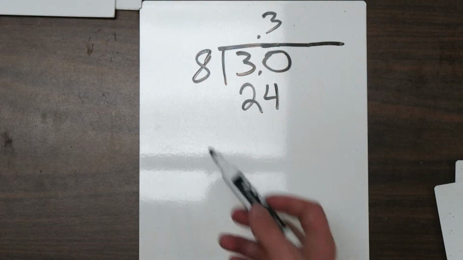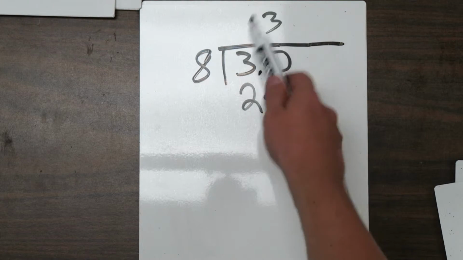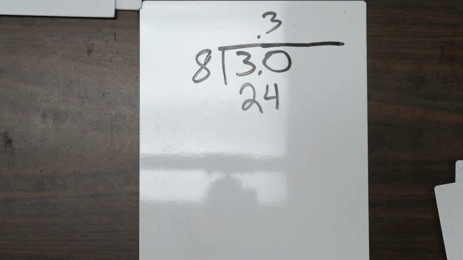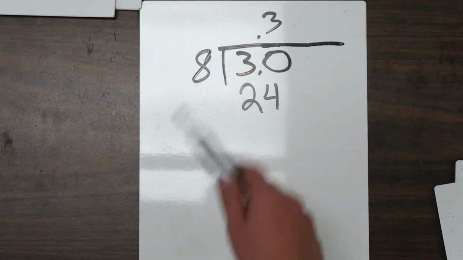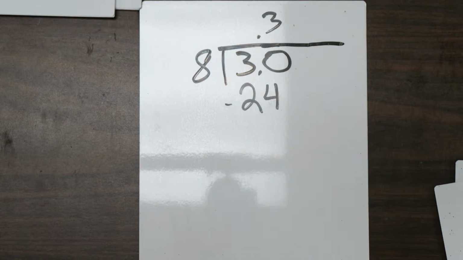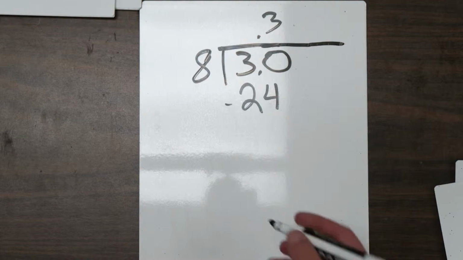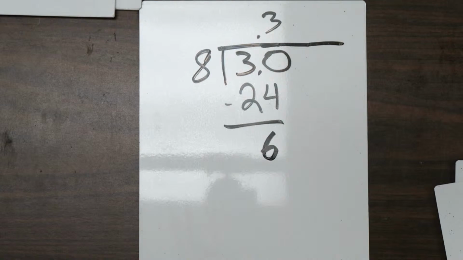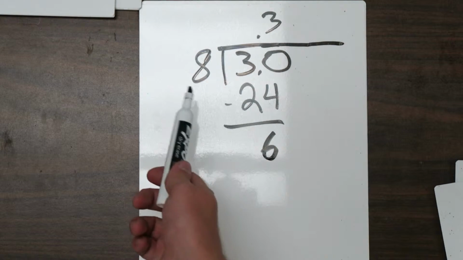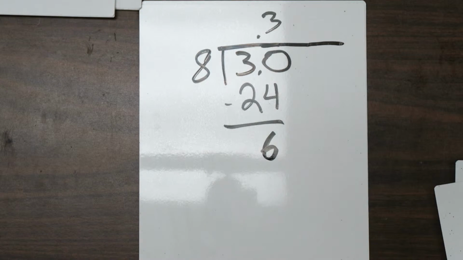So now I have accounted for 3/10, and I'm going to subtract 24 from 30 to find out what's remaining or left over. 30 minus 24 is 6. So now I start the process over again. How many times does 8 go into 6? Well, it doesn't. 8's bigger than 6.